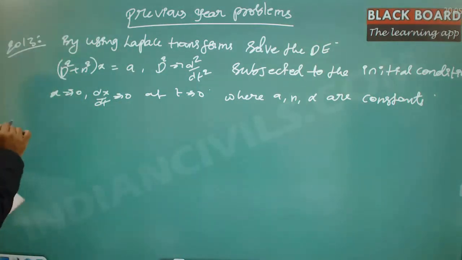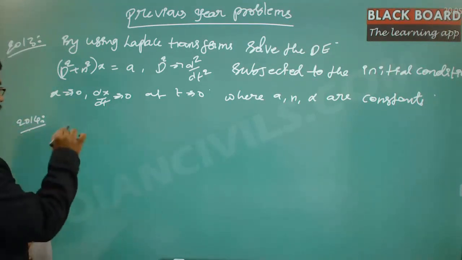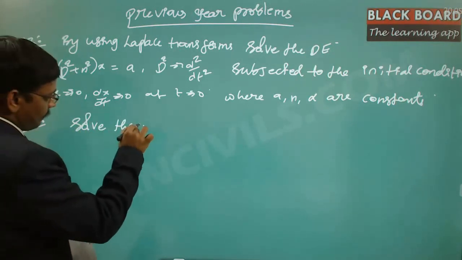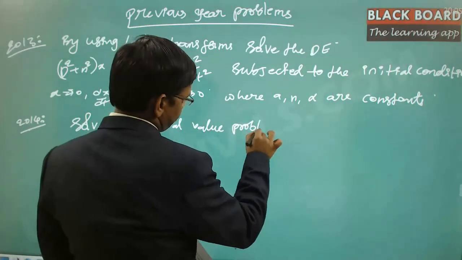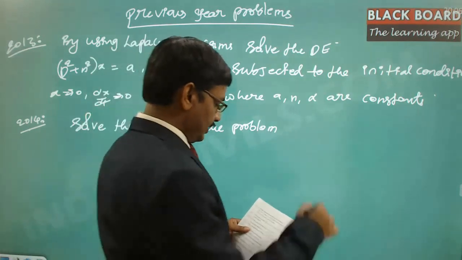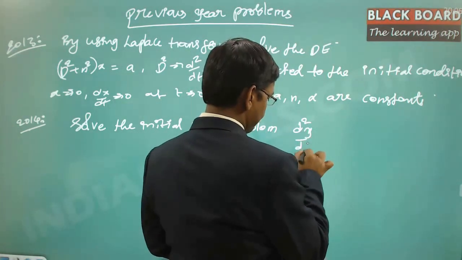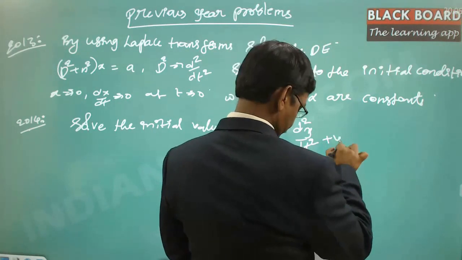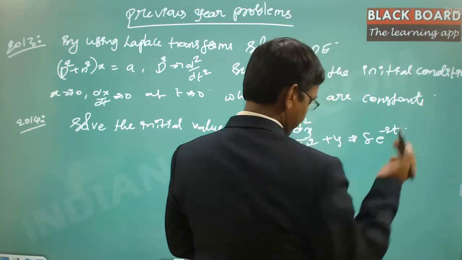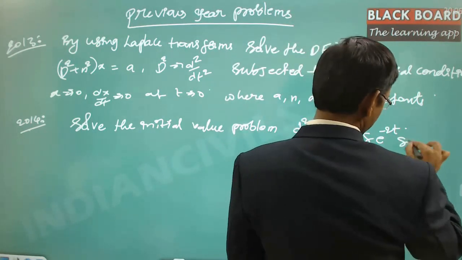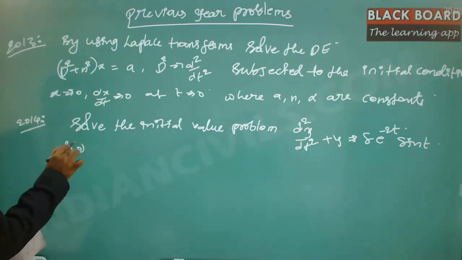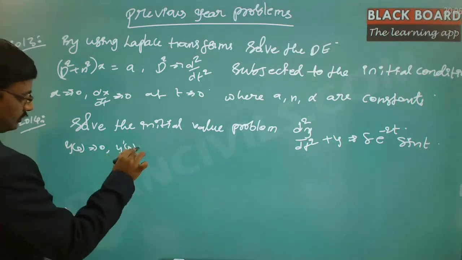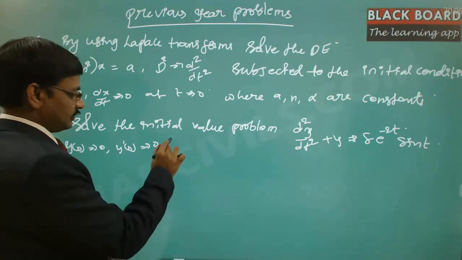And then in 2014, solve the initial value problem: d square y by dt square plus y is equal to 8 into e power minus 2t into sin t, y of 0 is equal to 0, y dash of 0 is equal to 0, by using Laplace transform.